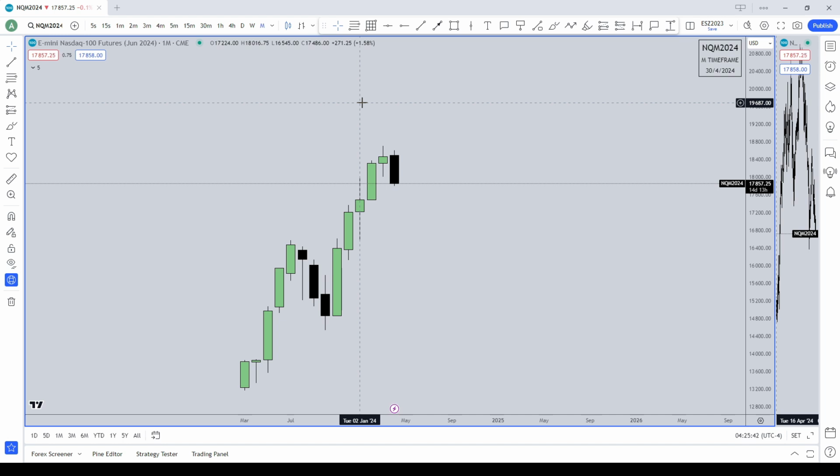But you need to do a top-down analysis, especially if you are a beginner and don't know anything about price. That doesn't mean if you are advanced you should stop doing a top-down analysis.